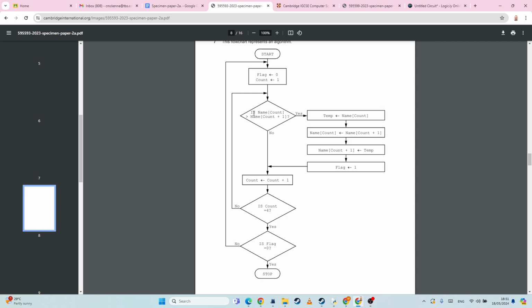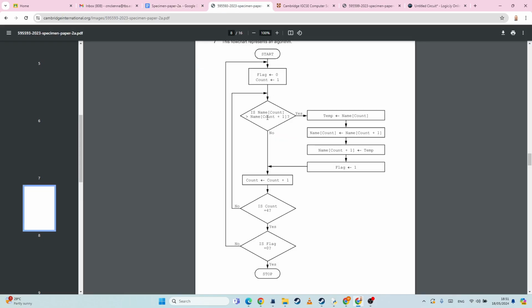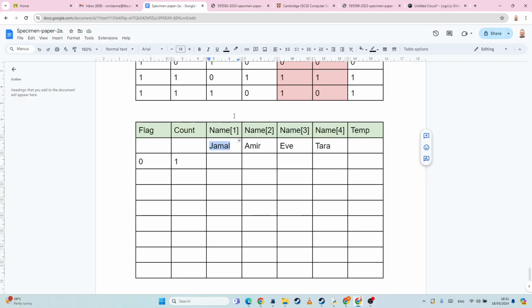Okay, is the name at position count greater than the name at count plus 1? Now, quite a few students freaked out at this point because they were able to go to name at count. So name at count is 1, which is Jamal. And then name at count plus 1 is Amir.